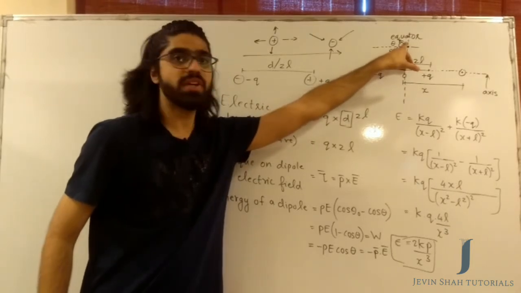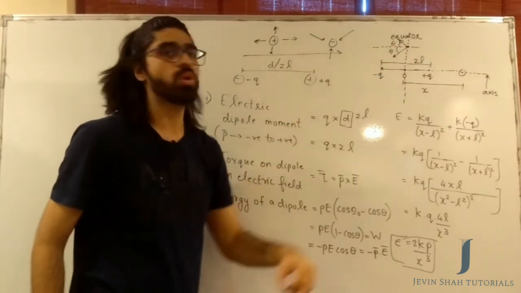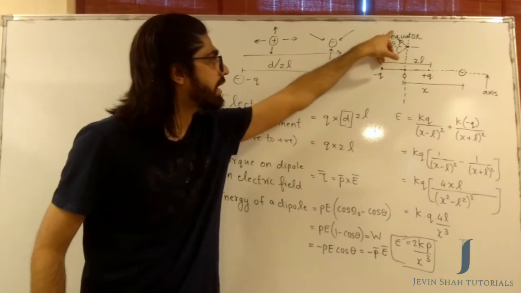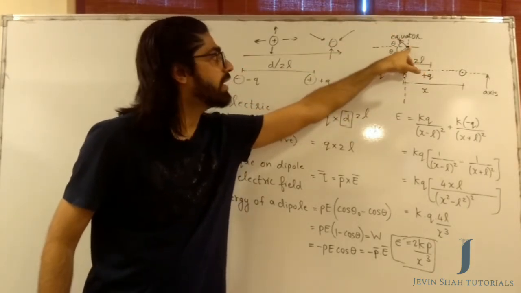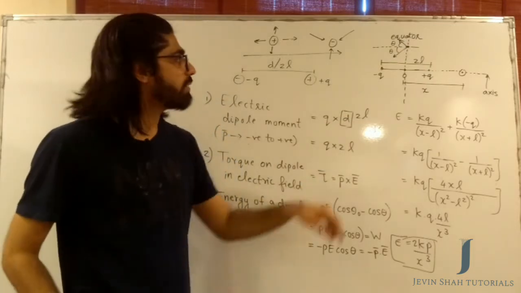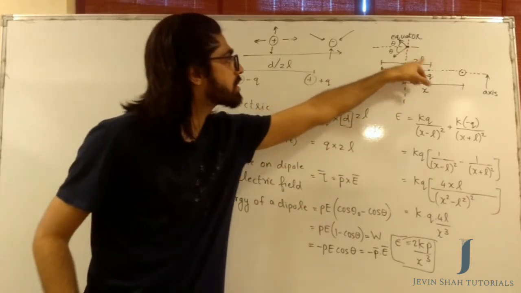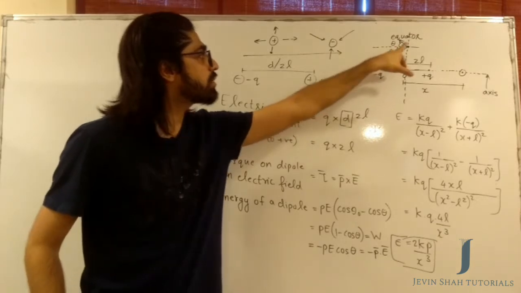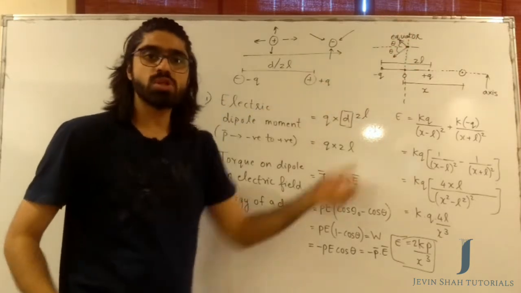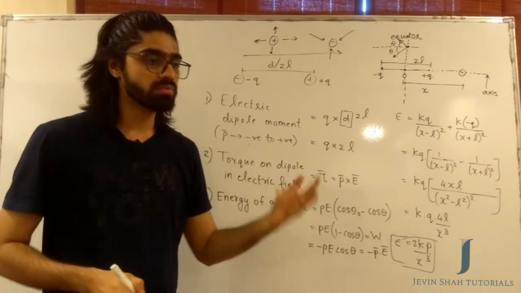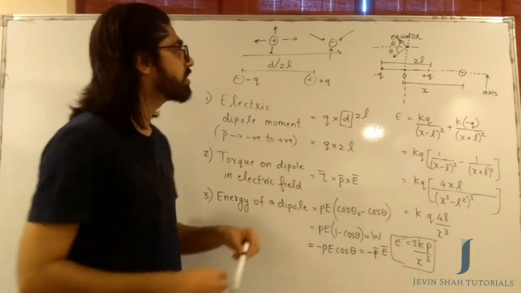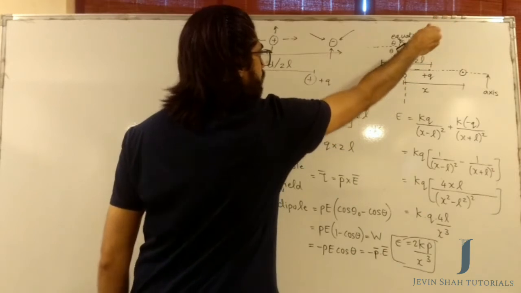This vector can be resolved in two components. One component goes up. Also keep in mind that because of this q, the electric field here will be kq by r square, or kq by whatever that distance is. And because of this minus q, the electric field here will also be kq by r square only. So that kq by r square, let's call it some term like m. So if this is m, this is also m.